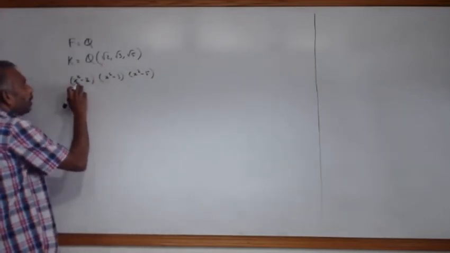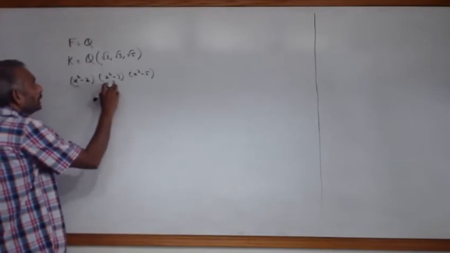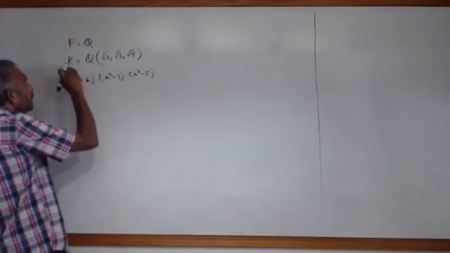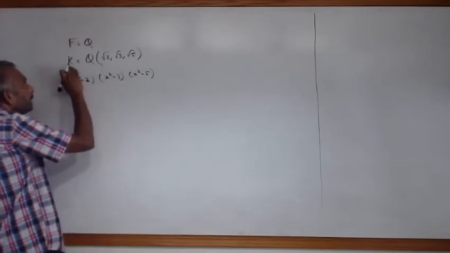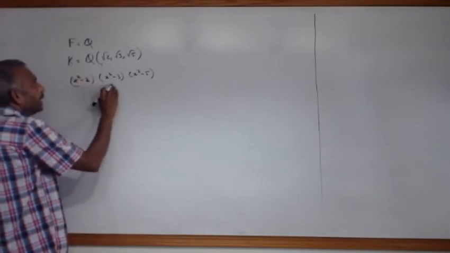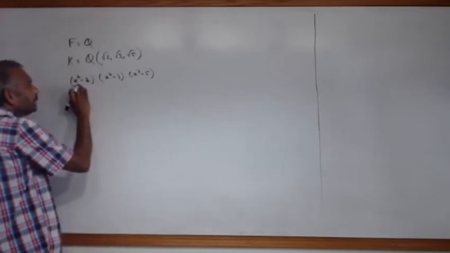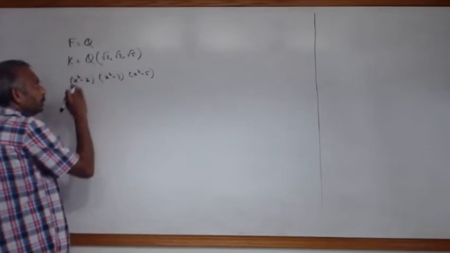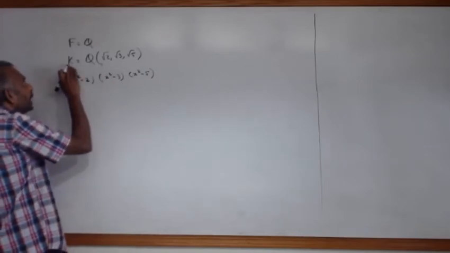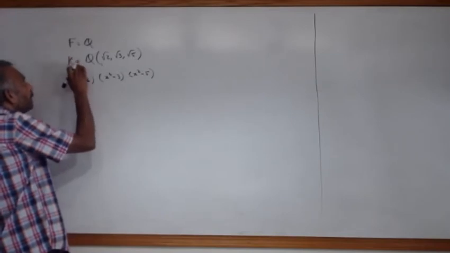And all the zeros of these polynomials are in K, and the multiplicity of each zero is 1. So K is a finite separable splitting field of F.